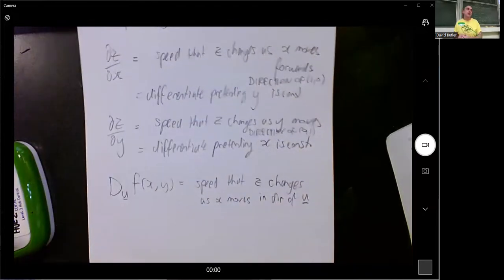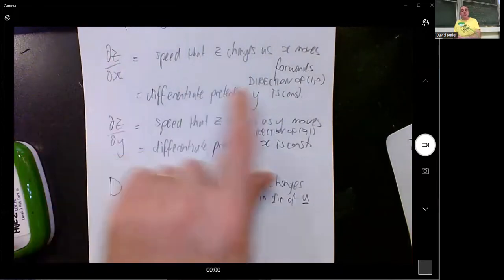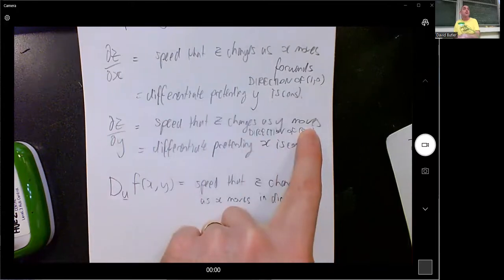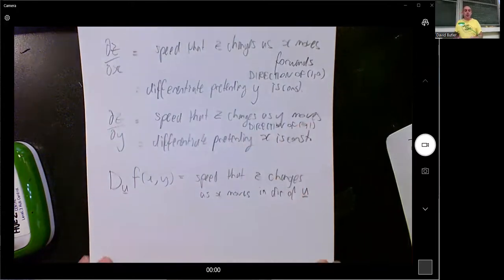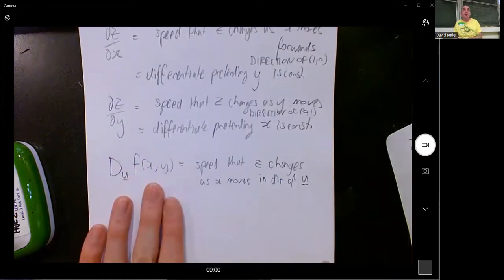And I drew those with my rotating pencil as a directional derivative. The slope of that line was a directional derivative in all these different directions. And these are already directional derivatives. This is the directional derivative in the direction of 1, 0, and this is the directional derivative in the direction of 0, 1.